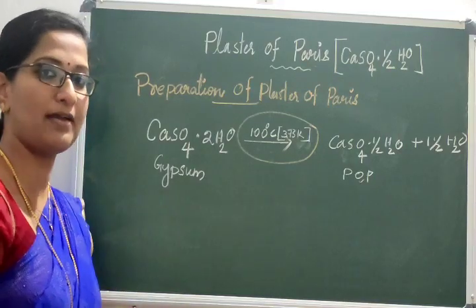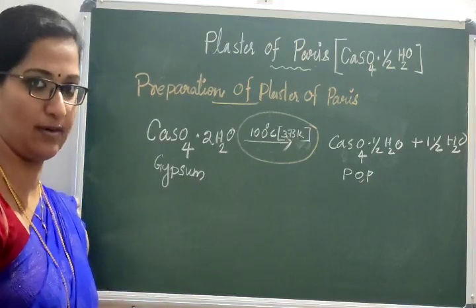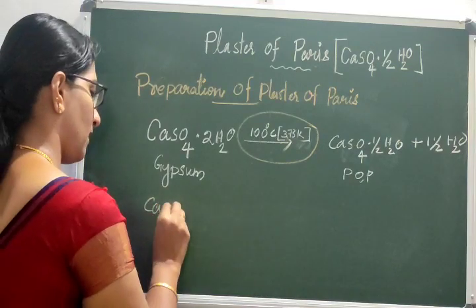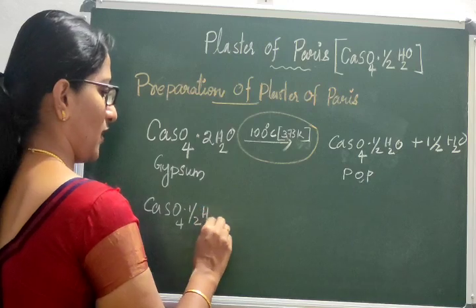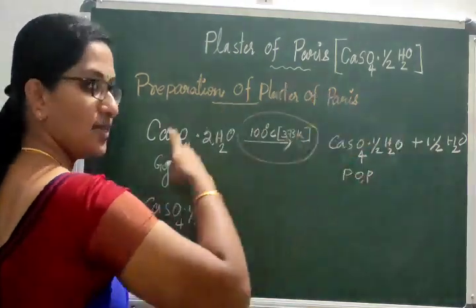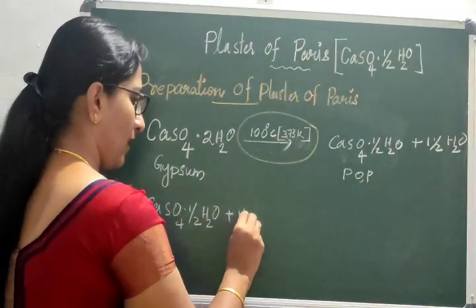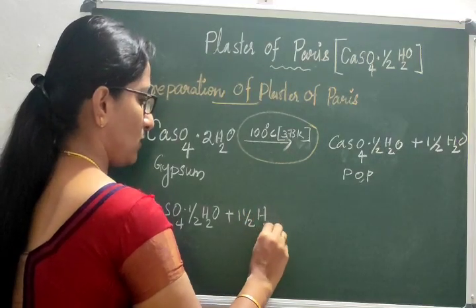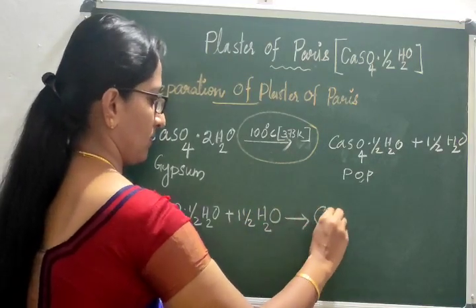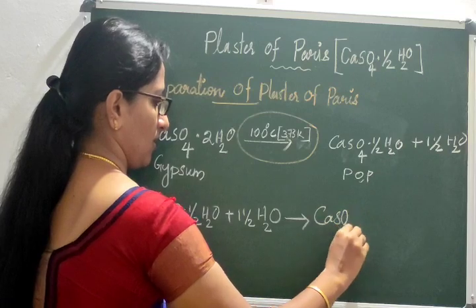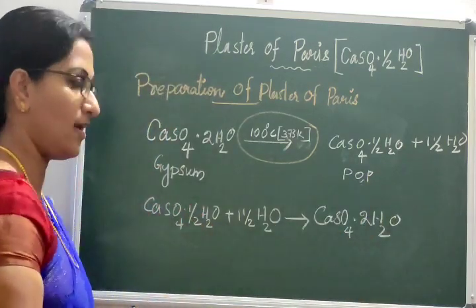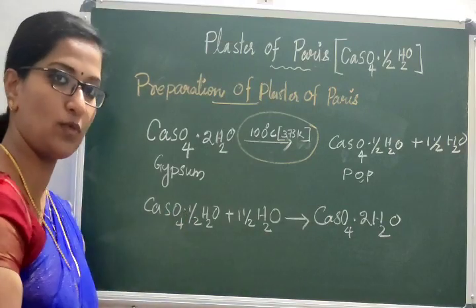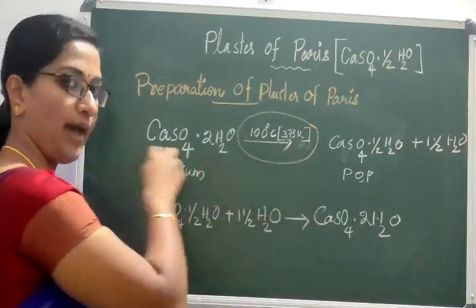If plaster of Paris is in a water medium, this reaction will be reversible. It will convert back to gypsum. So when plaster of Paris reacts with water, you will get the gypsum back.